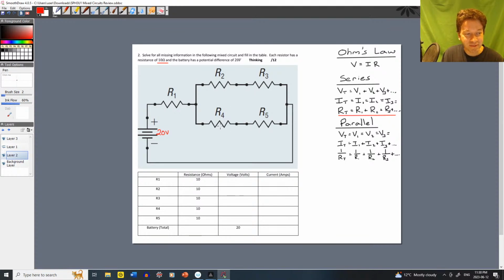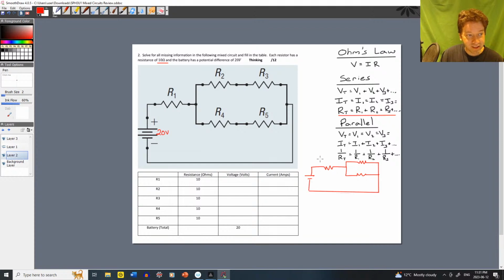And we can do the same for R4 and R5. So let me just redraw that here. Just going to do a 1-cell battery instead. So here we have R1, and that's going to be replaced with this one and this one. Now this is still a mixed circuit, but that's all right.